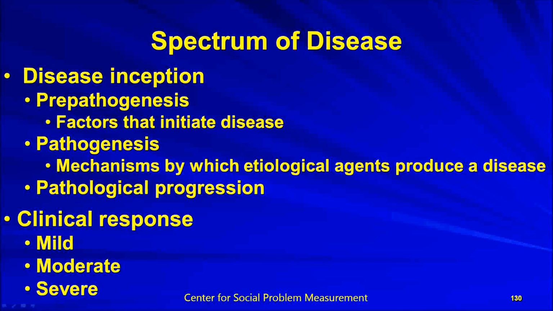So when you're thinking about disease inception, you're thinking whether somebody's at the pre-pathogenic stage or the pathogenic stage, or the pathological progression has reached a certain point that it's much more severe, and the outcome may lead to mortality.